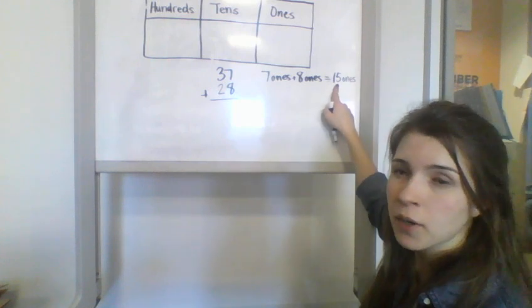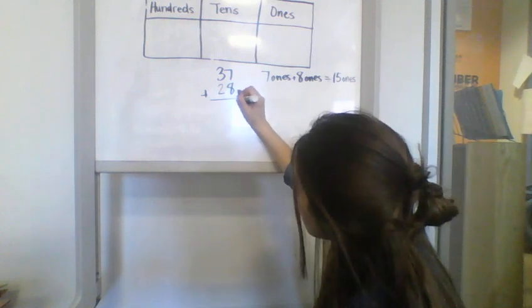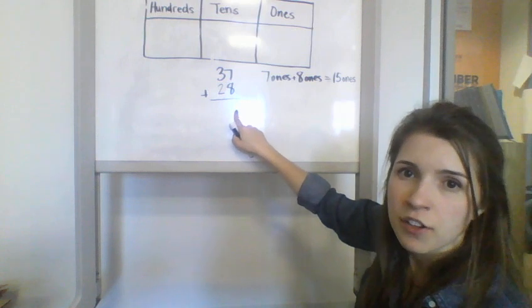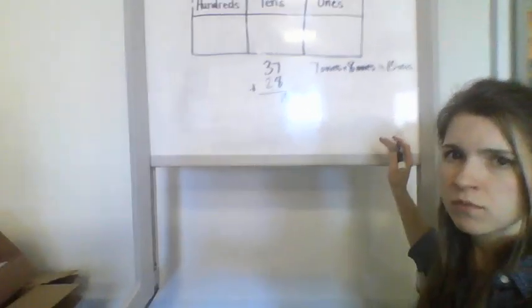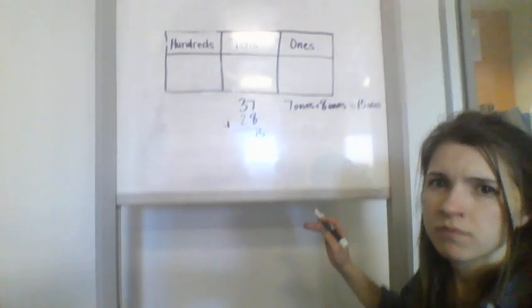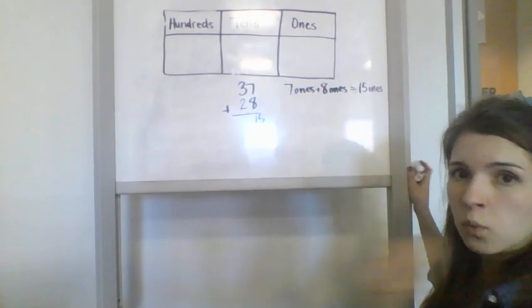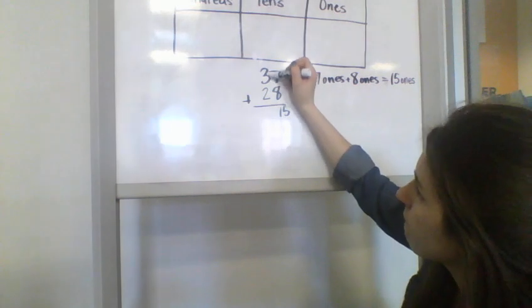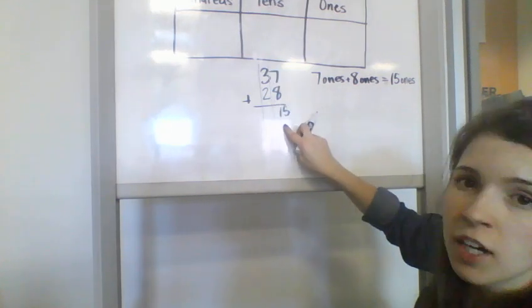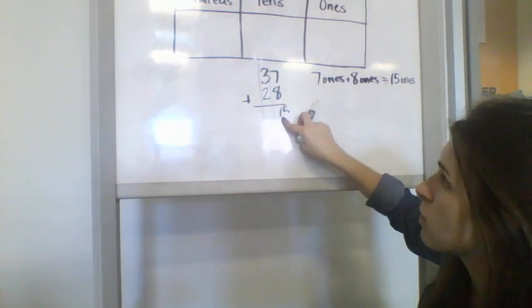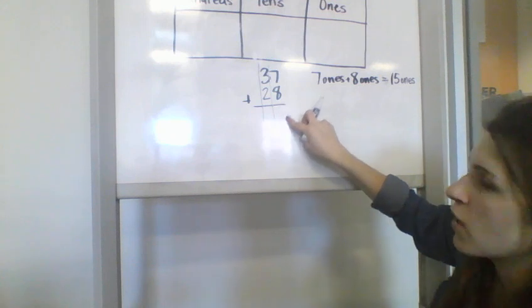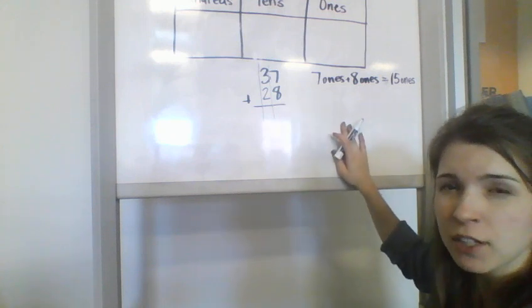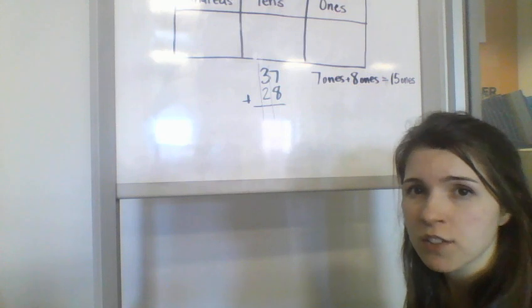ones. But remember, I can't write 15 down here. There can only be one number in each place value, so this won't work. So now, think of that number 15. How many groups of 10 and how many ones are in that number?